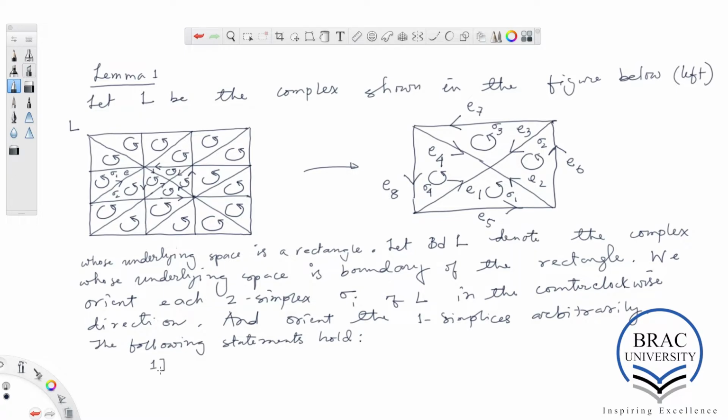So the first being, every one cycle of the complex L is homologous, we know what it means by homologous from the first part of the algebraic topology course, to a one cycle carried by the boundary of L. Okay, so if I take one cycle on this complex L, that is going to be carried by the boundary of this complex L.